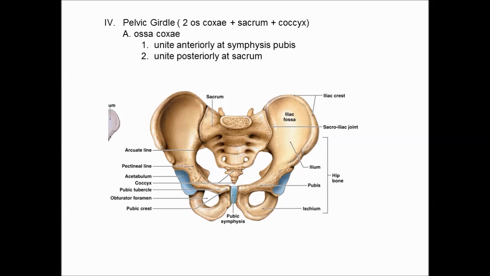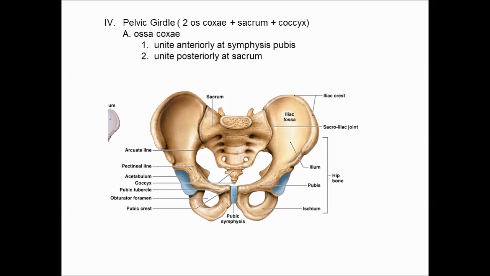So we've actually talked about the inferior part of the spinal column already. So we're going to focus on the os coxal bone, and together they're called os coxae for a pair. They unite anteriorly, this would be anterior, at a little patch of cartilage called the pubic symphysis, so that's right here.